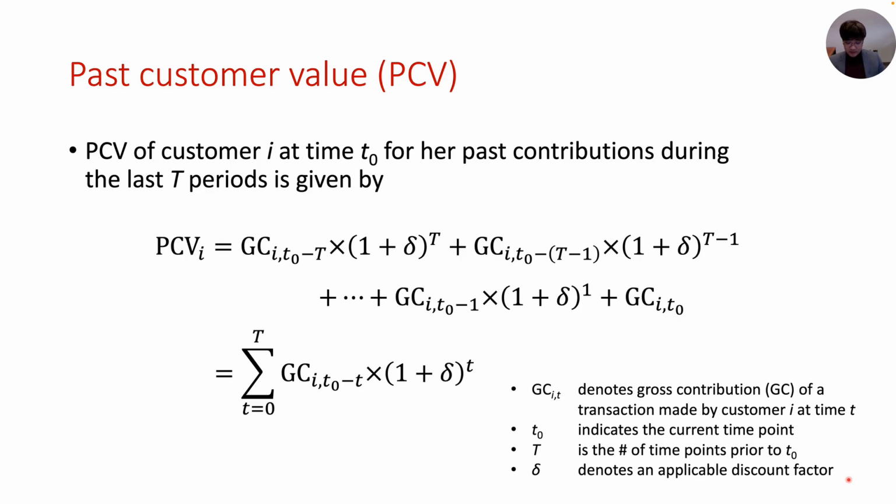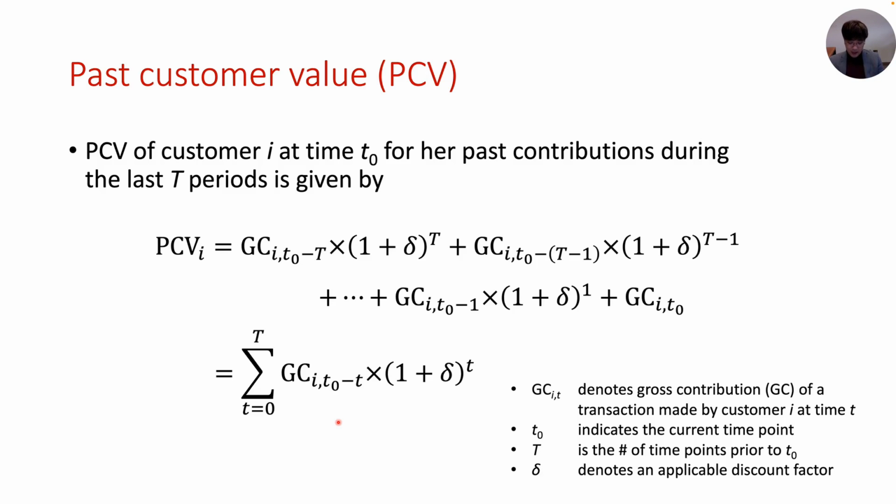First, let's start with PCV. The mathematical expression of the PCV of a customer is this. It looks so complicated. Yes, I agree. It is very, very complicated. But conceptually, it is the same as the net present value computation.